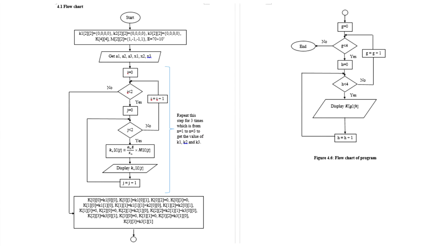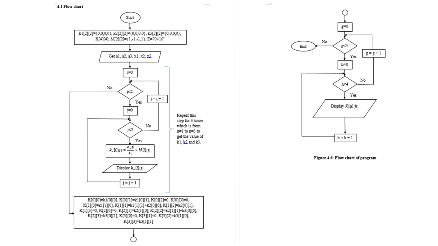After this, it will display the value of Kn for ij. Then it will proceed to increment j, which is j equal to j plus 1, and then jump back to the step of the condition j is smaller than 2.